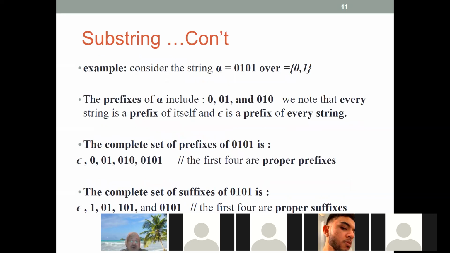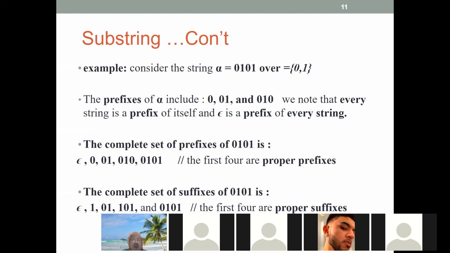Okay, suppose we have the string alpha, 0101, over the alphabet {0, 1}. The prefixes of alpha are all strings at the beginning. I'm not going to look at my answer. I do that, and you can tell I'm honest because sometimes I fall on my face. Prefixes: 0, 01, 010, 0101.